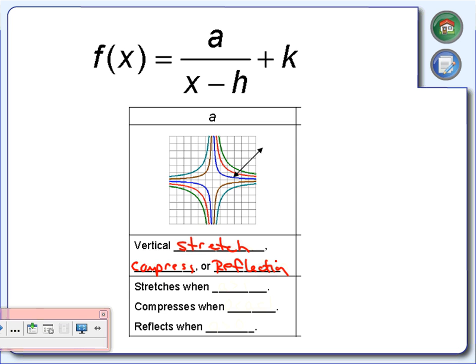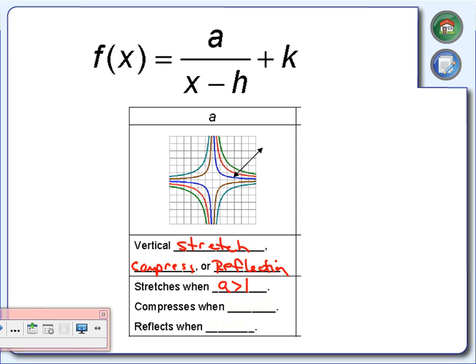So let's start with stretching. When is it going to stretch it? What kind of A do I have to have in order to see a vertical stretch? You're going to have an A value that is greater than 1, like a 2 or a 3 or a 4. Obviously, the bigger that number is, the more you're going to be stretching it out, just like we did with our quadratics.